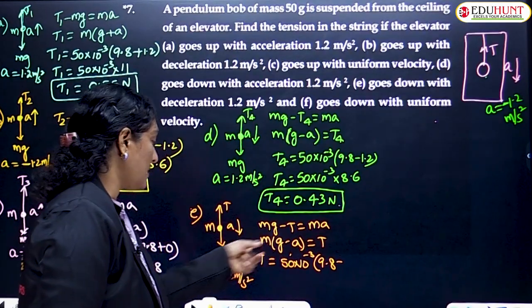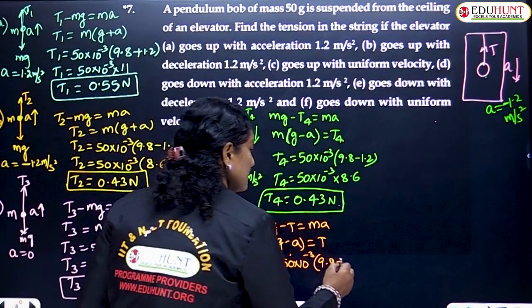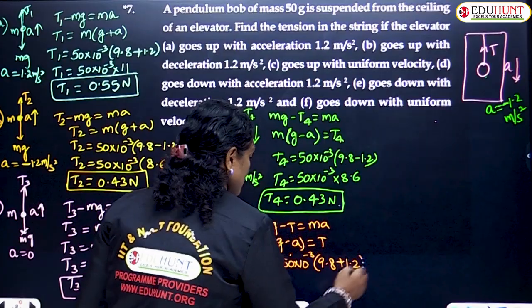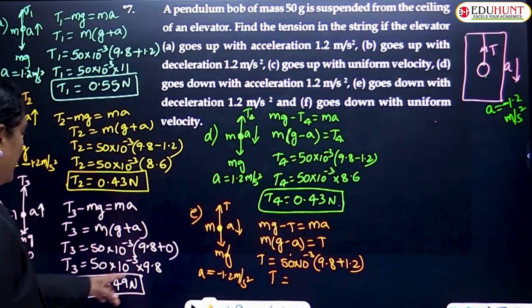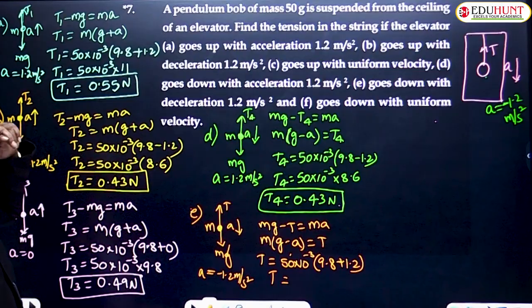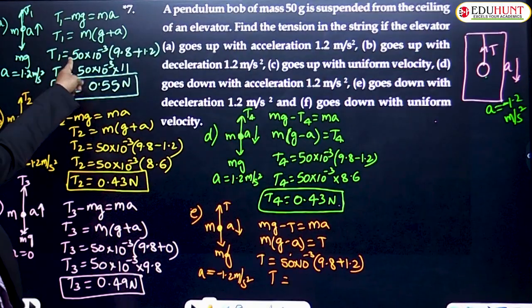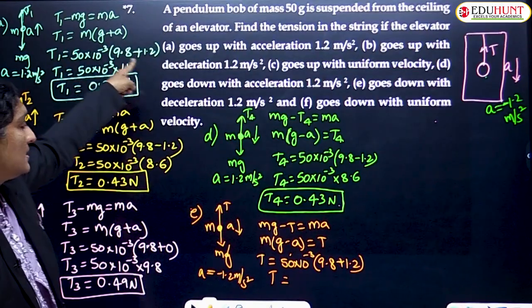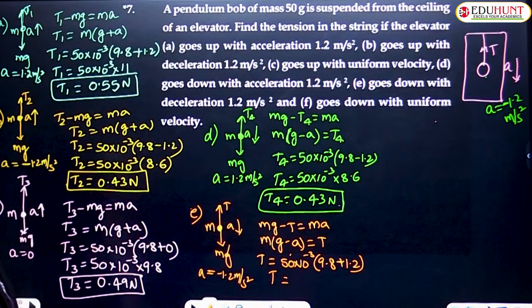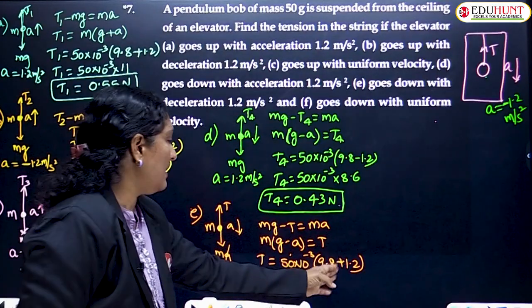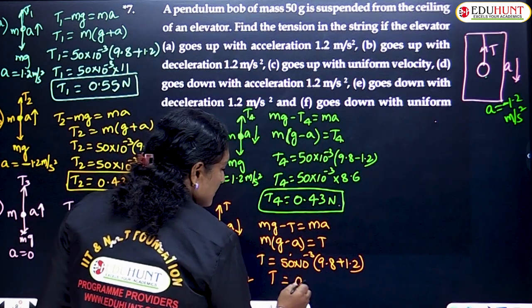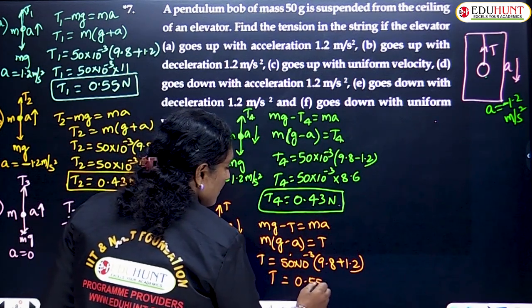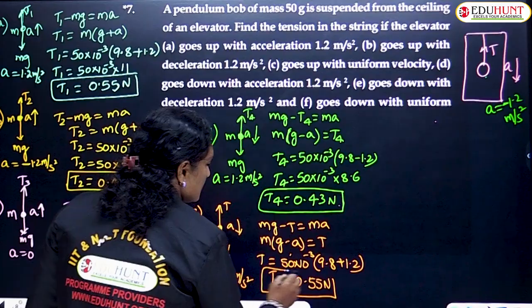So this minus and this minus will become plus. So plus 1.2. Hence the value of T is 50 into 10 power minus 3 into 9.8 plus 1.2, similar to the first one. You'll get this value as 11, and 11 into 50 is 550, into 10 power minus 3, so you will be getting it as 0.55 newtons.